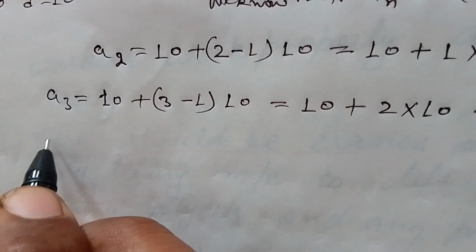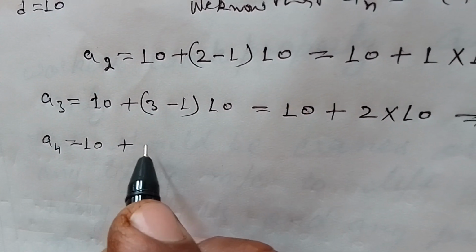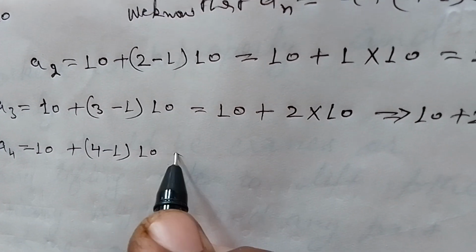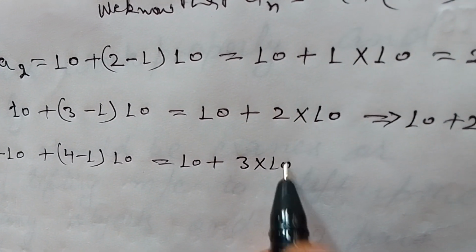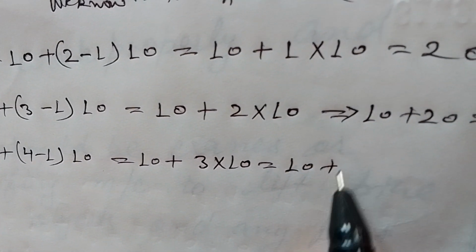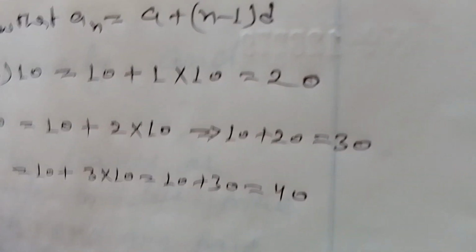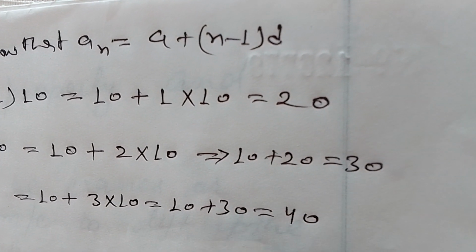Then a4 is 10 plus the fourth term, 4 minus 1, multiplied by 10. It comes out to 10 plus 3 multiplied by 10, which is 10 plus 30. That comes out to be 40. So the first four terms are: the first term is 10, second is 20, third is 30, fourth is 40.